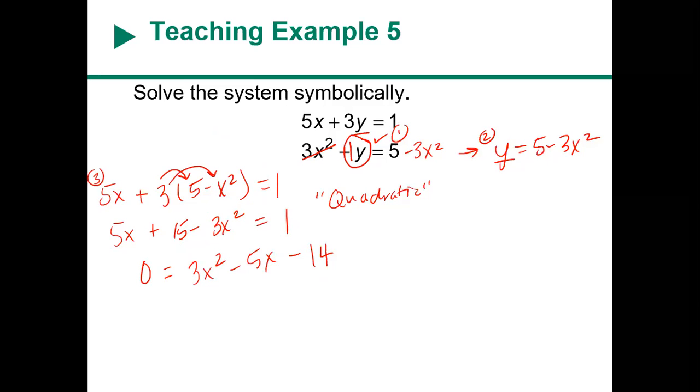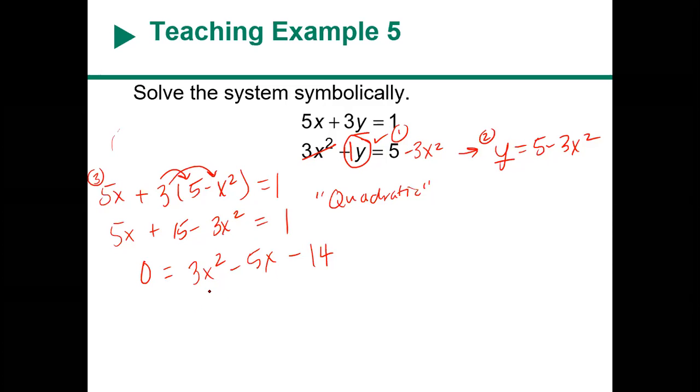So when I solve this, I can do the quadratic formula, I can do completing the square, I can do grouping. It's whatever you want to do to solve.